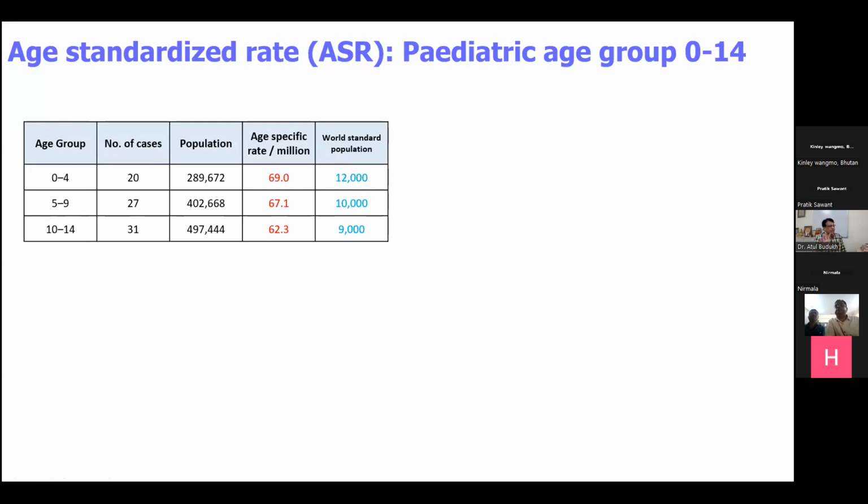It is compulsory nowadays, we should properly produce the burden of pediatric cancer. So this is pediatric cancer. How to adjust for pediatric cancer is the same way. Instead of 0 to 85, we have to take 0 to 14. Same principle.